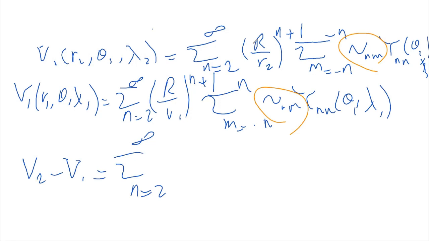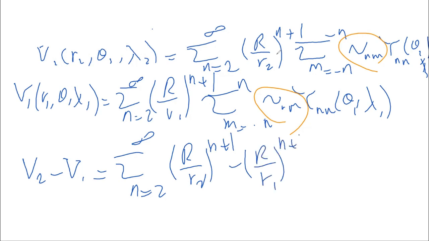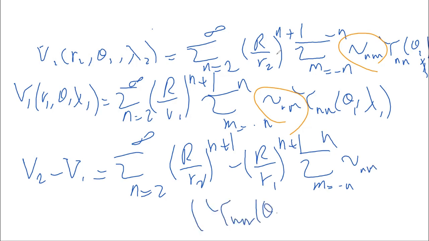So I can simply write a formula like that: R over R2 to the n plus 1 minus R over R1 to the n plus 1, summation m from minus n to n, V n m, Y n m at theta 2 lambda 2 minus Y n m at theta 1 lambda 1.